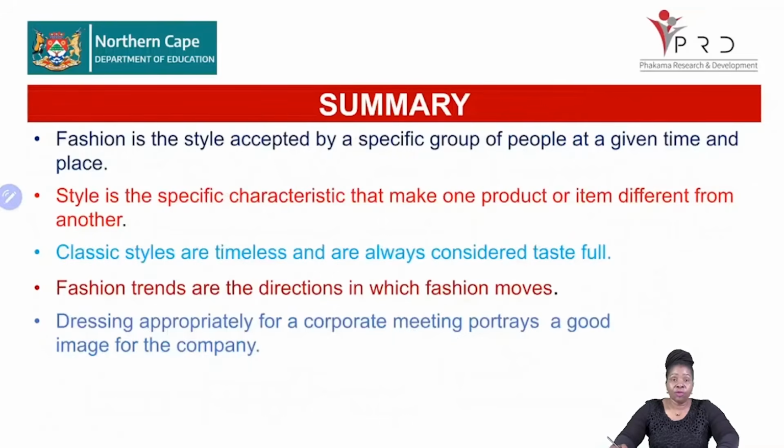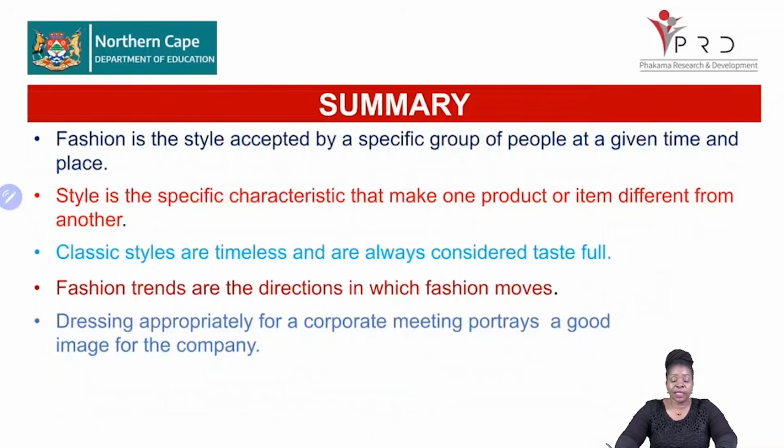Right, we move on to the summary for today's lesson. We said fashion is the style accepted by a specific group of people at a given time and place. And also style is the specific characteristic that makes one product or item different from another.